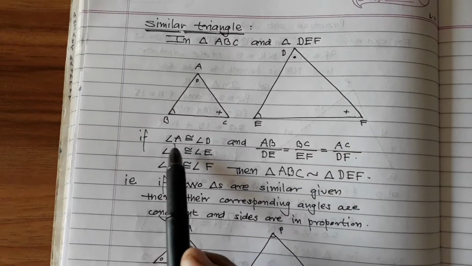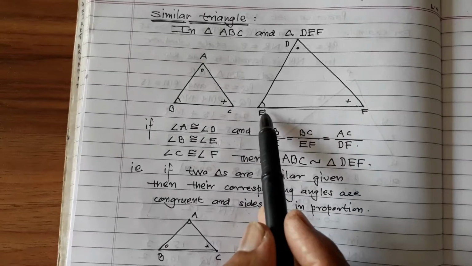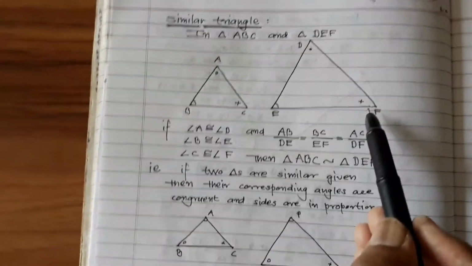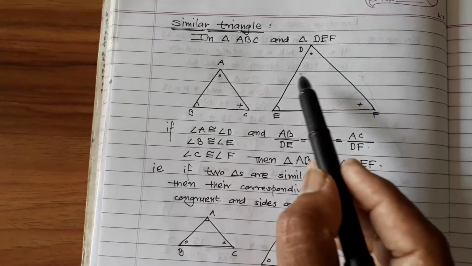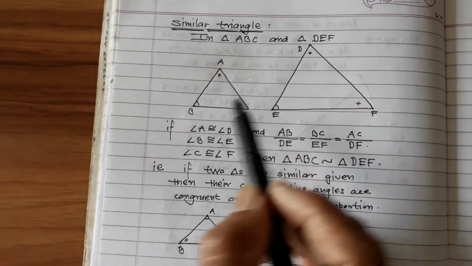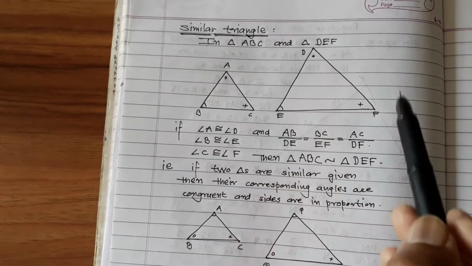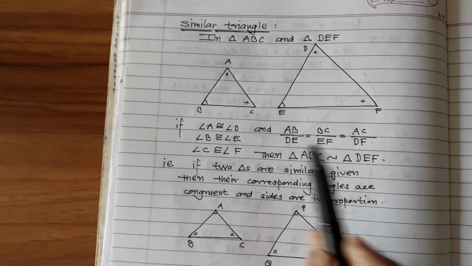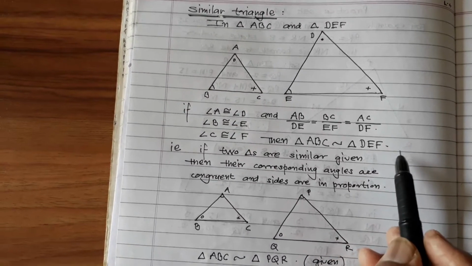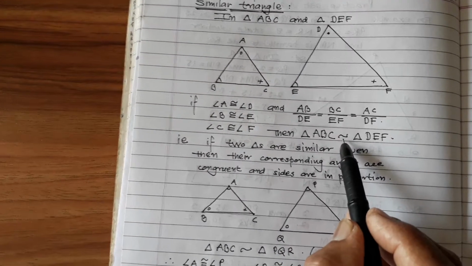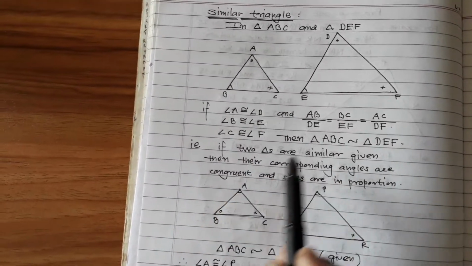If angle A is equal to angle D, angle B is equal to angle E, and angle C is equal to angle F, and if AB upon DE is equal to BC upon EF and is equal to AC upon DF, then triangle ABC is similar to triangle DEF. This is a sign of similarity. Okay, what is the meaning of all this?